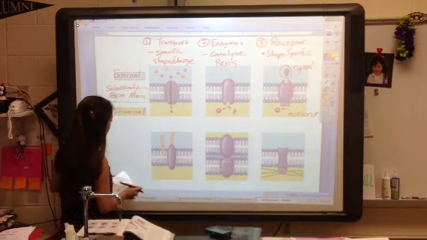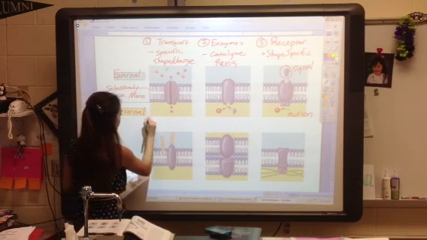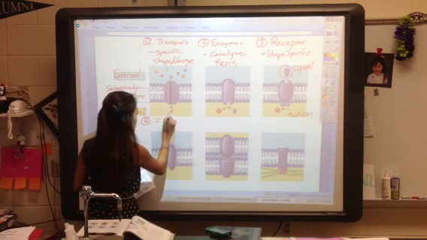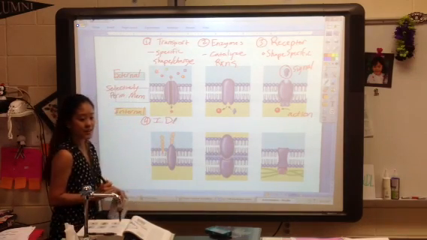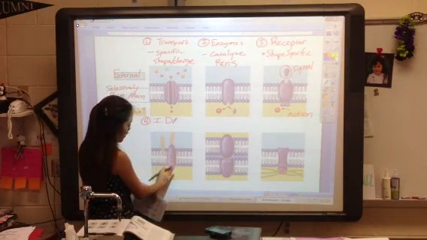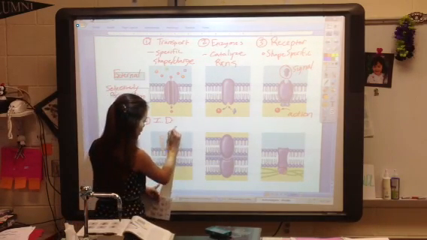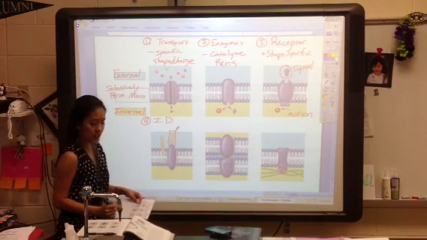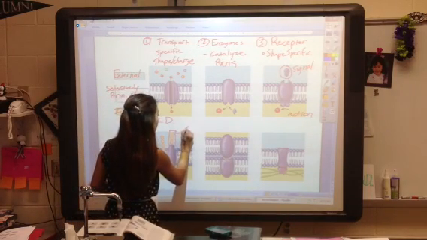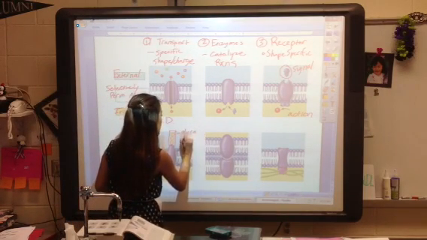Our fourth type are going to be proteins that can be used as IDs. Here you have a protein with a carbohydrate chain attached to it, and we're going to call that a glycoprotein.